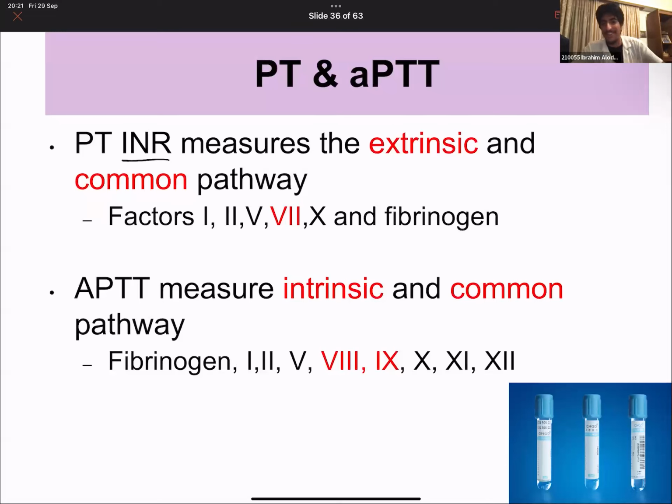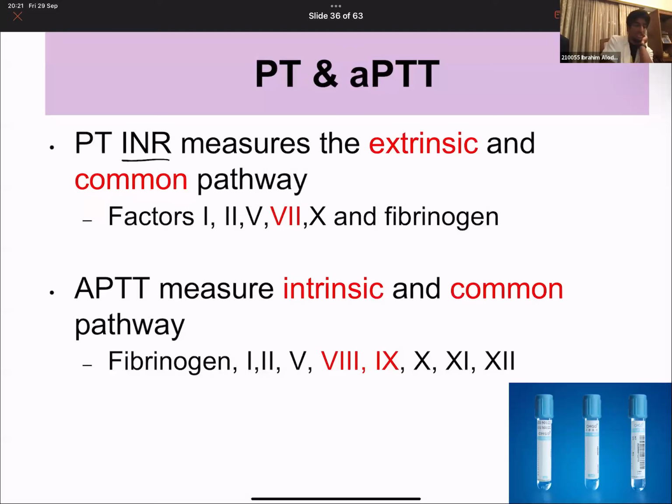International normalized ratio. Okay, that was embarrassing. So basically all that means is that every hospital in the world said, we all have different times for PT, so let's convert all our PT times to an international ratio so that we are all on the same page. You'll sometimes see INR after PT. It's the same thing.